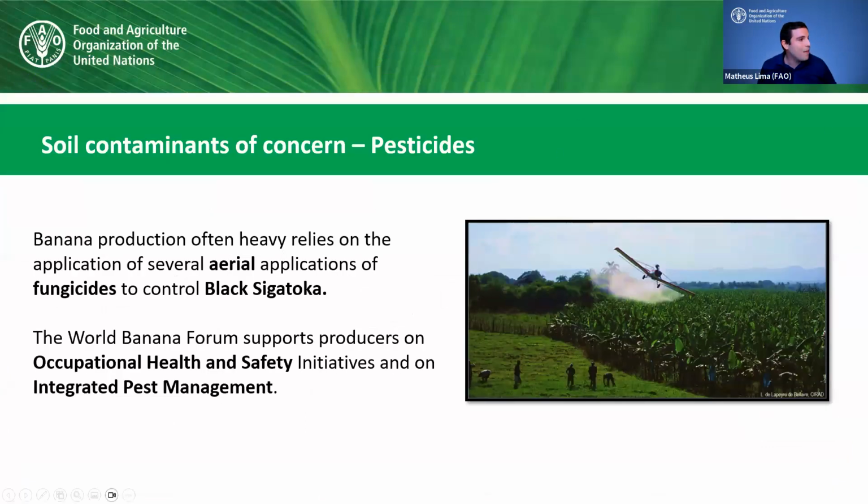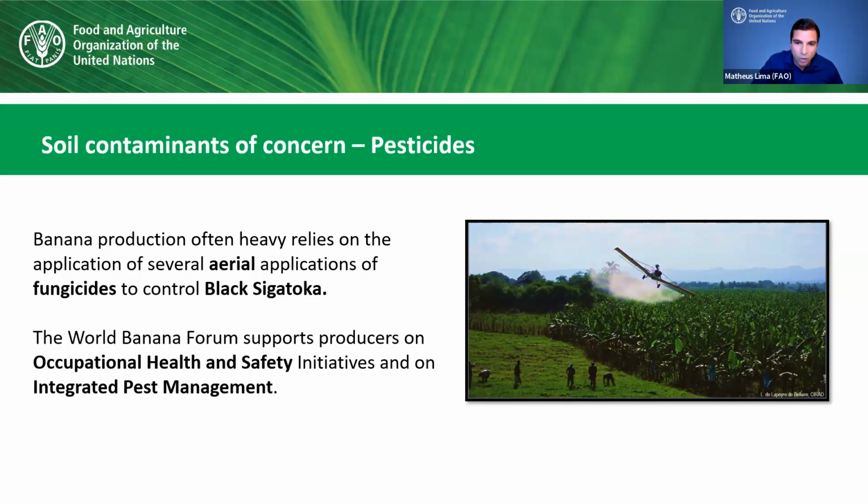Now going into the matter, as was mentioned in the other presentation by the participants, one of the main contaminants of concern in general in the banana industry are pesticides, mainly because of this disease called black sigatoka.